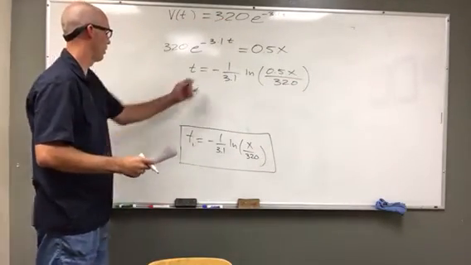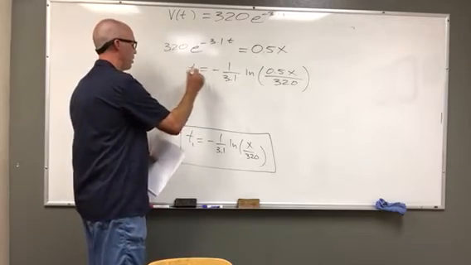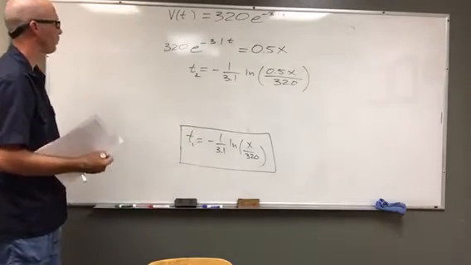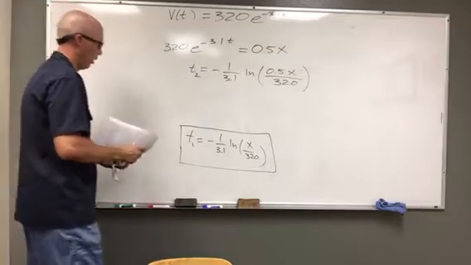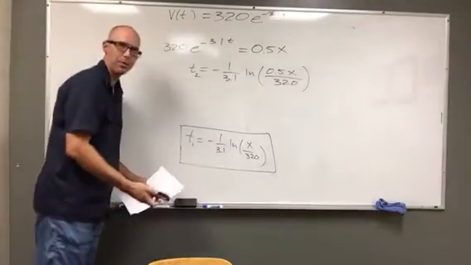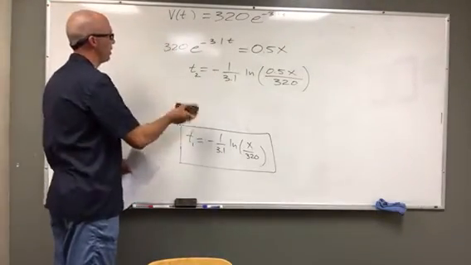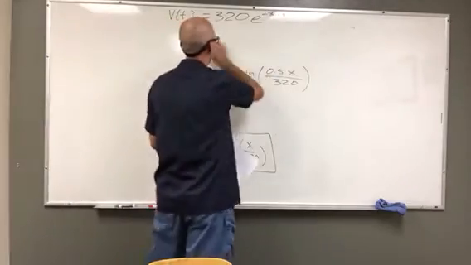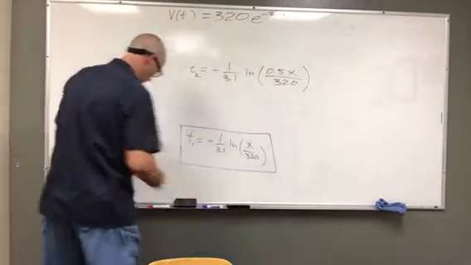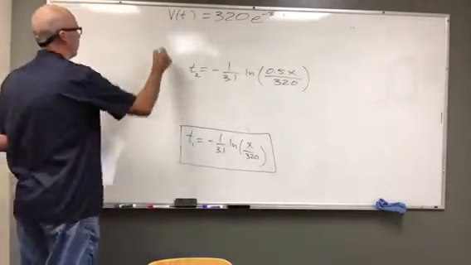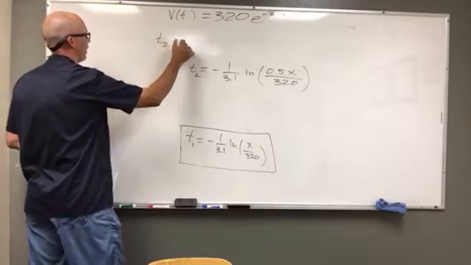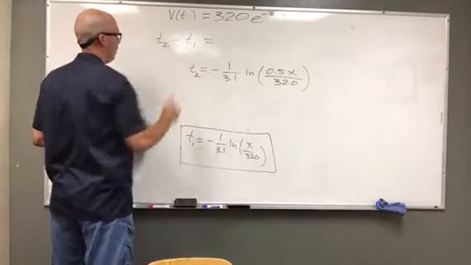All right, so this is our second time, so we'll label this T2. Okay, and we want to know the time elapsed. The time elapsed is going to be T2 minus T1. All right, so we compute T2 minus T1.